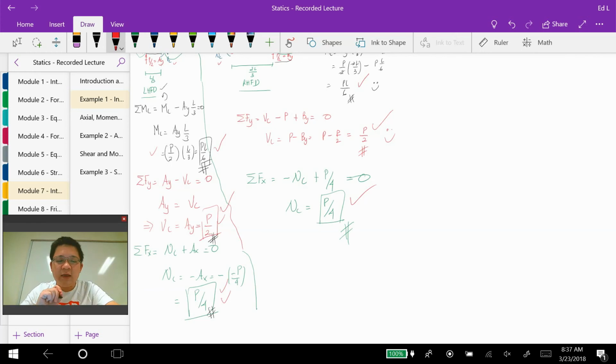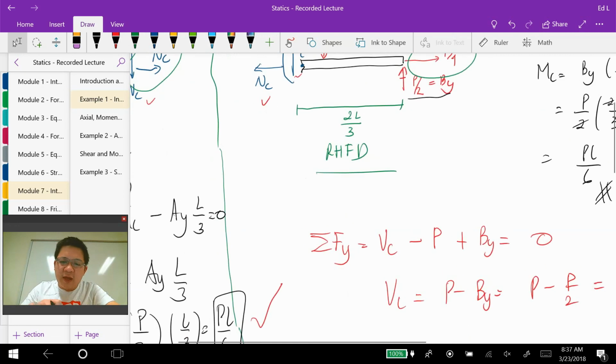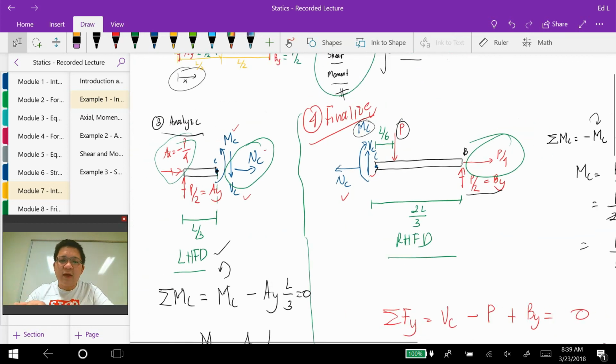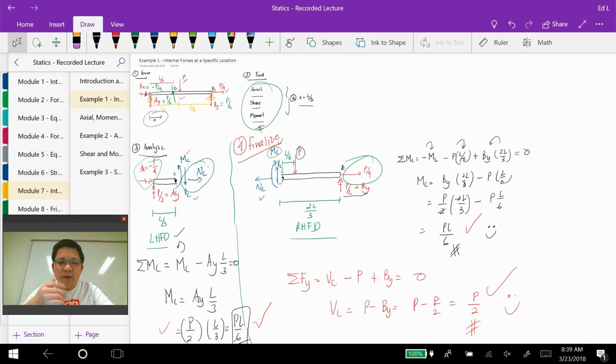And it's very important that when we sketch our free body diagrams, initially we assume that the internal forces are in the positive sign convention. I think that's it for this lecture, and please let me know as usual if you have any questions, and thank you for listening.